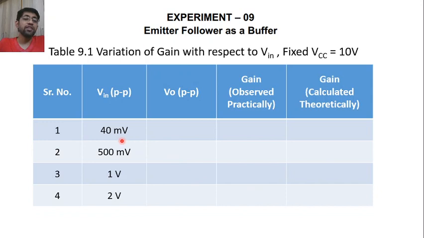Let us start with the first input, which is 40 millivolt peak to peak, applied to the input of the CC amplifier. Here we will take VCC equal to 10 volt, which is fixed. So let us move to the circuit and apply the 40 millivolt peak to peak.